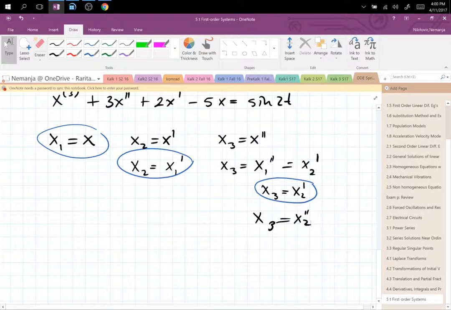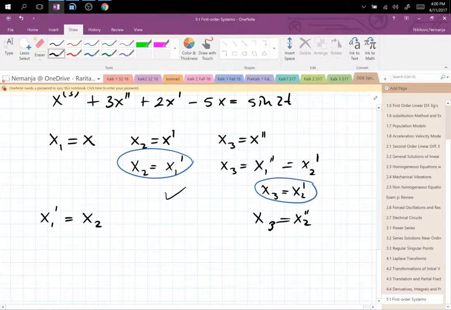So what are the equations? We start with x1 prime. Don't need this one. x1 prime is equal to x2. And then we have x2 prime is equal to x3. And we need x3 prime.